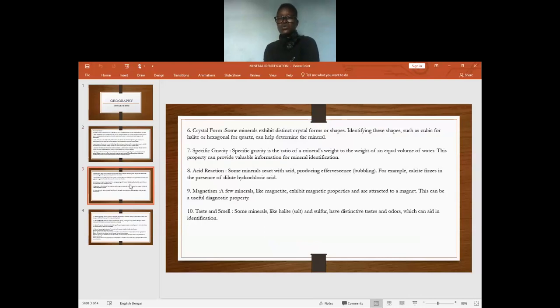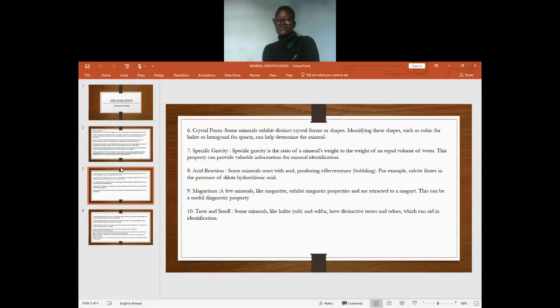For example, there's a mineral called calcite, and it fizzes in the presence of dilute hydrochloric acid. Sorry. We have magnetism. A few minerals like magnetite exhibit magnetic properties, and they are attracted to a magnet.